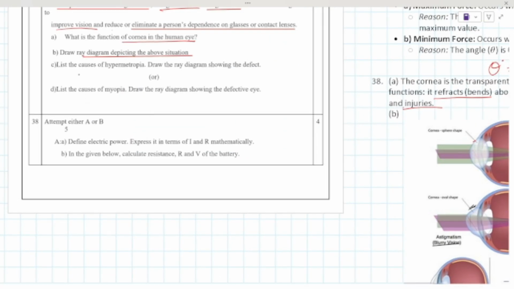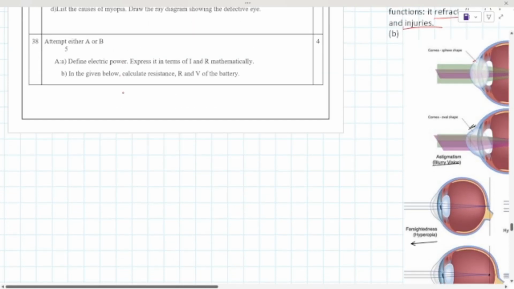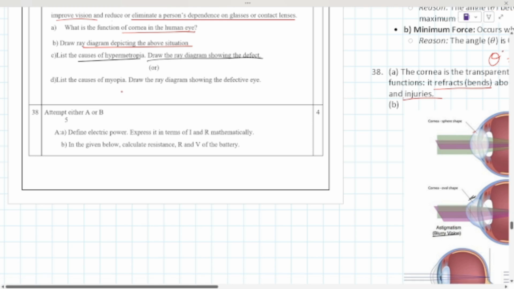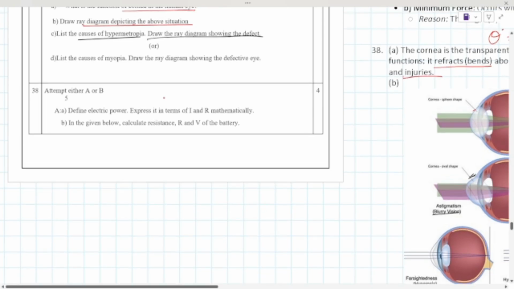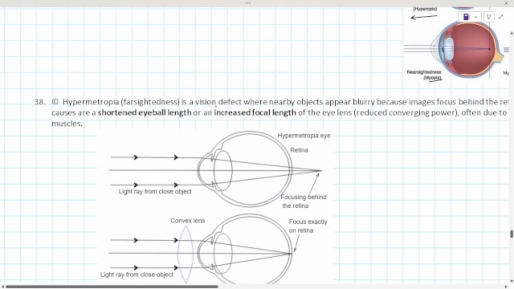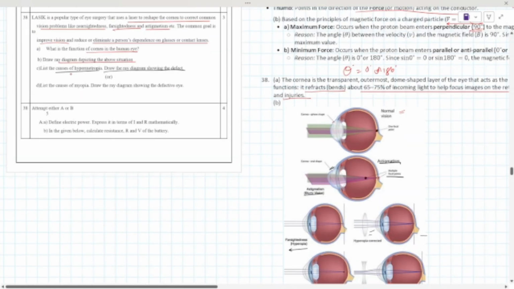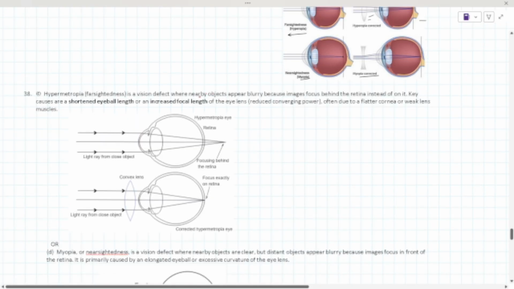Now let's see here, the cause of the other ray diagrams. Causes of hypermetropia are low curvature of the cornea, weakening of ciliary muscles or shortening of the eyeball. Yes, good. See here, hypermetropia is known as farsightedness, right?